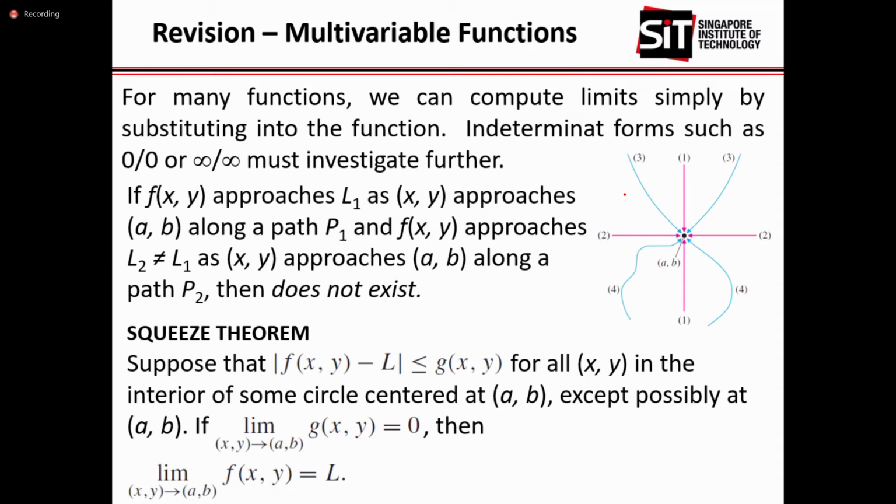The squeeze theorem tells us that we have our function f, which can be constrained between two functions g, one that is always greater and one that is always smaller. If the function g converges to that limit, then so will the function f. So this is the multivariable extension of the squeeze theorem for single variable functions.